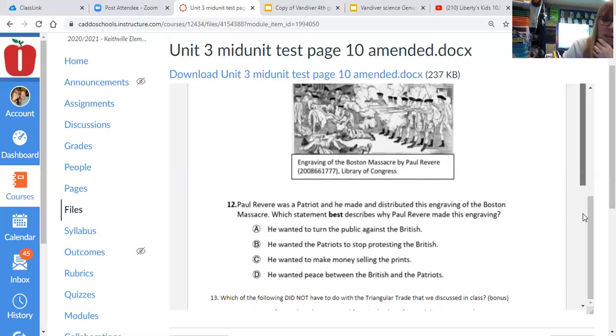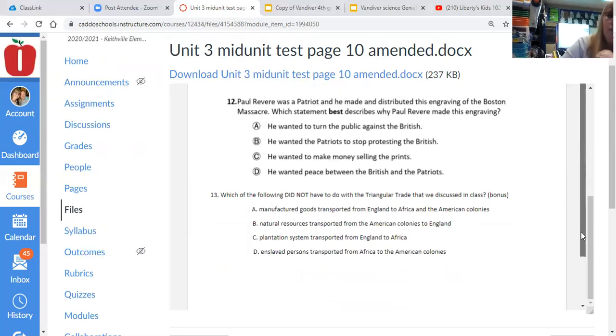And then the bonus question that I added in had to do with the lesson that we did yesterday in class. Well, technically today, because it's still Tuesday when I'm recording this, but you'll be doing this on Wednesday. Which of the following did not have to do with the triangular trade that we discussed in class? This is a bonus question. A, manufactured goods transported from England to Africa and to the American colonies.